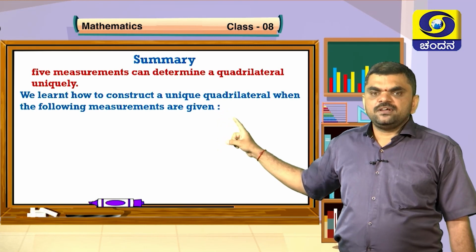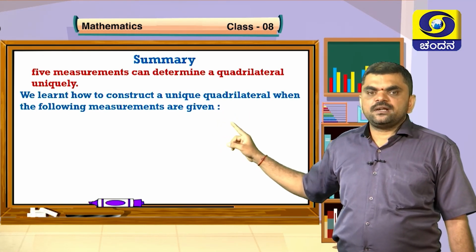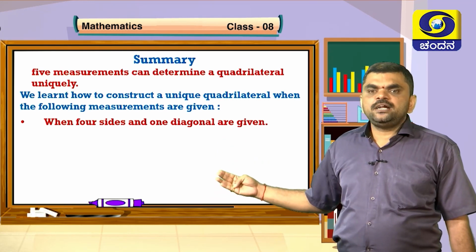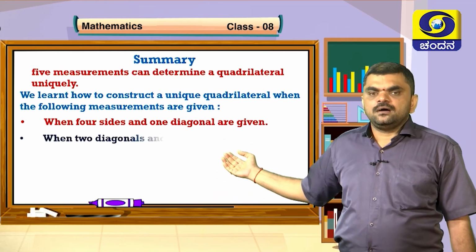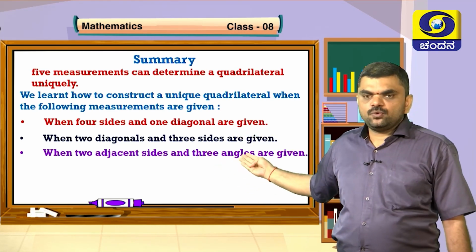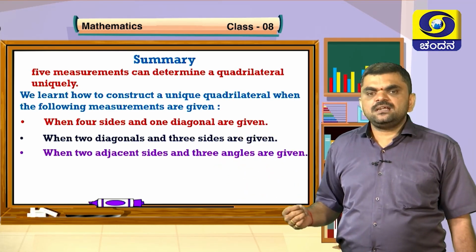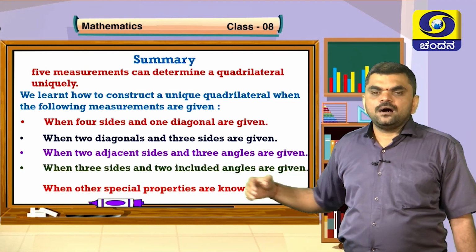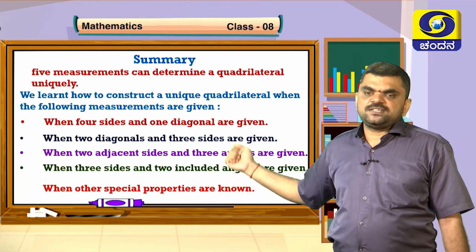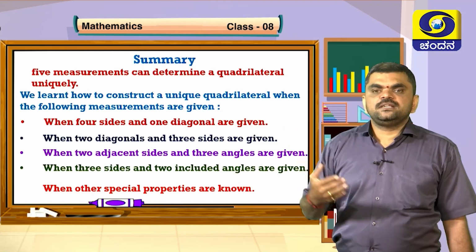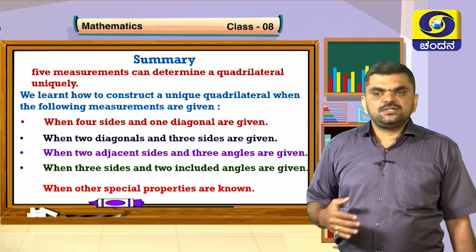And again we learned how to construct a unique quadrilateral when the following measurements are given, that is when 4 sides and 1 diagonal are given, or when 2 diagonals and 3 sides are given, when 2 adjacent sides and 3 angles are given, when 3 sides and 2 included angles are given, or when some special properties are given. This is what we learnt in this chapter, children.